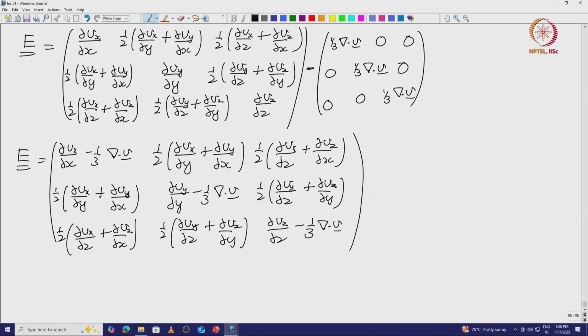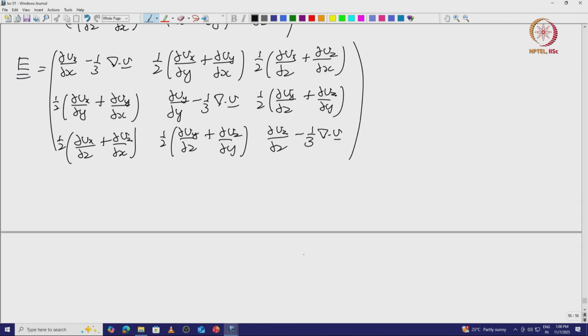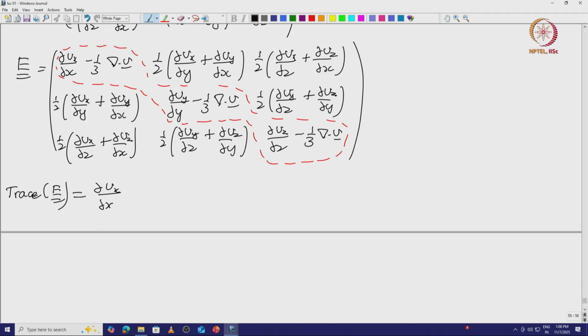So, this is the matrix that you end up with. And you can see that if I take the trace of this matrix, it is the sum of the diagonal elements of this matrix, which is equal to partial V x by partial x minus 1/3 del dot V plus partial V y by partial y minus 1/3 del dot V plus partial V z by partial z minus 1/3 del dot V. So, I am subtracting out 1/3 del dot V in each case.